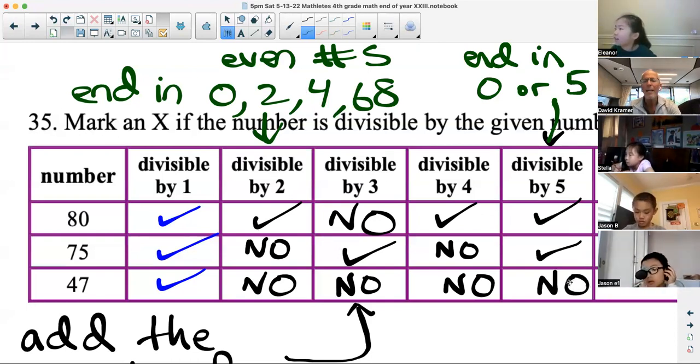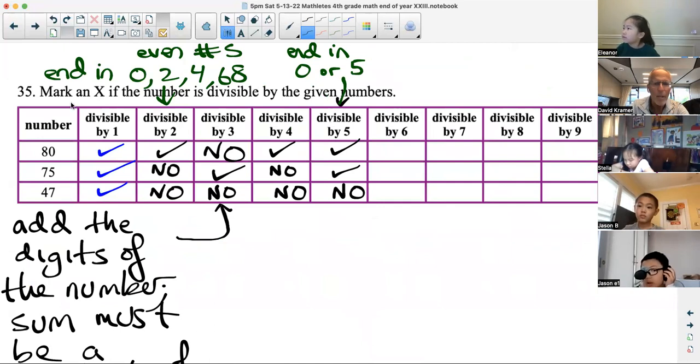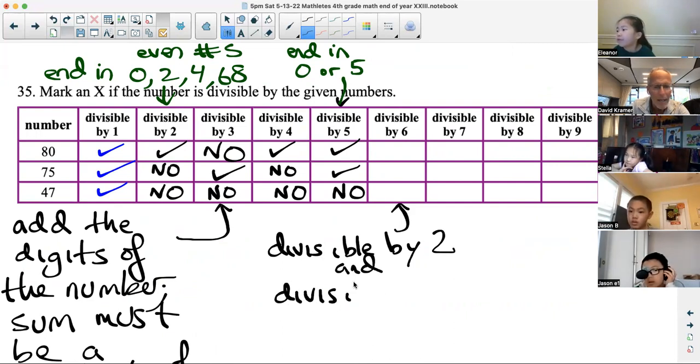Now, the divisibility rule for 6 is one of my favorite rules. And the reason why I love it is because the number must be divisible by 2 and divisible by 3.